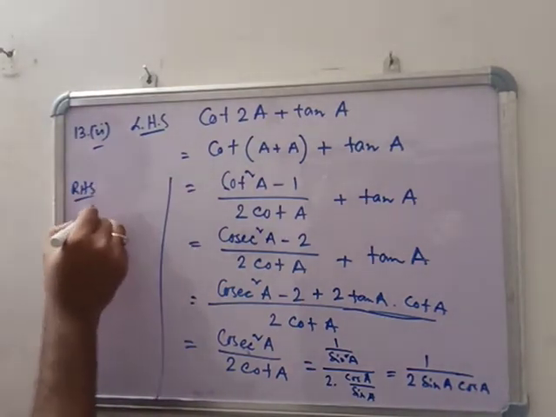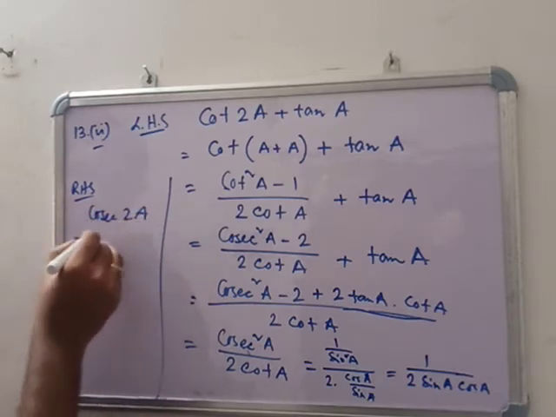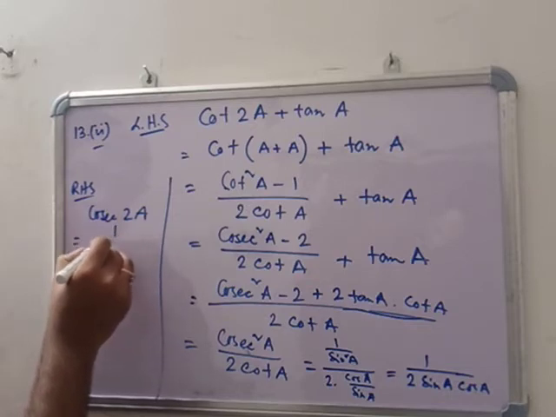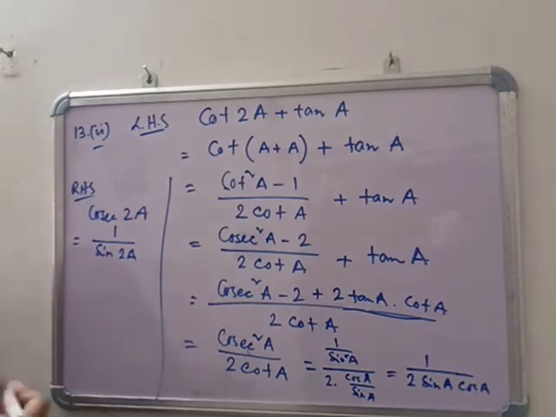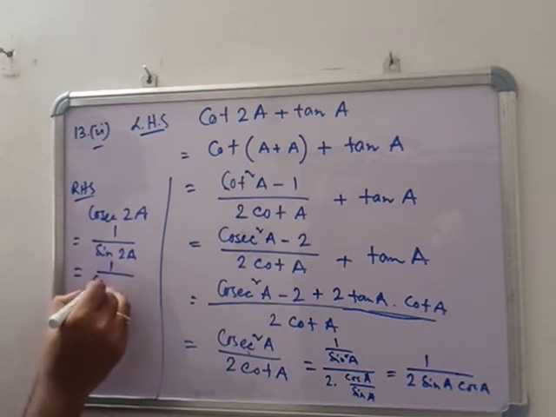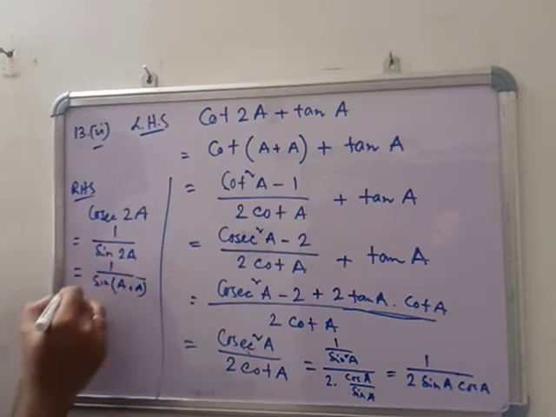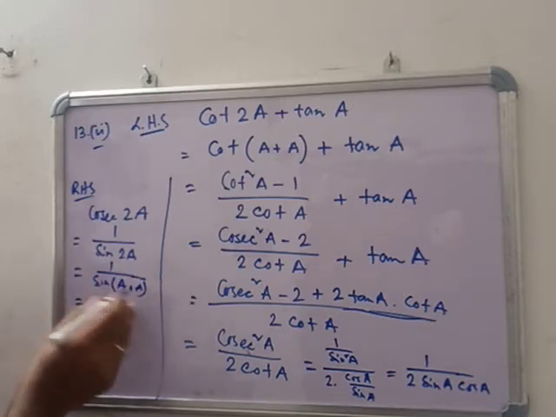Given cosec 2A. So cosec 2A means 1 by sin 2A. So 2A means A plus A here. So A plus A, 1 by sin of A plus A. That means the sin A plus B rule.